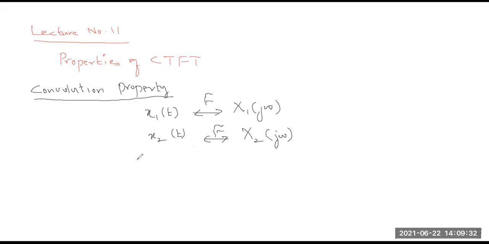Now if we perform convolution between x1 and x2, so x1(t) convolves with x2(t), the convolution of these two will be some signal, let's call it x(t).